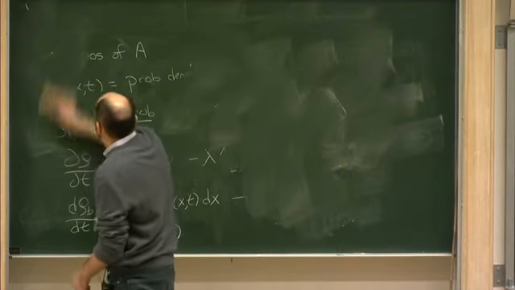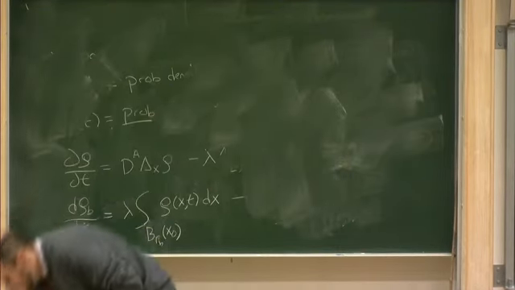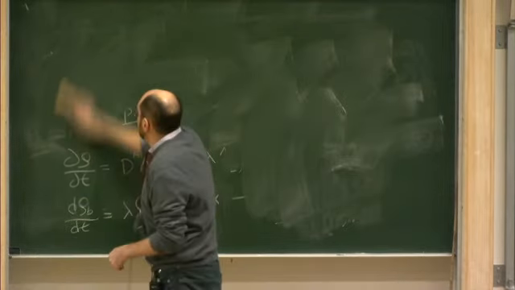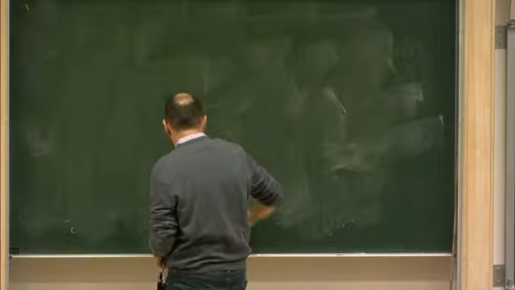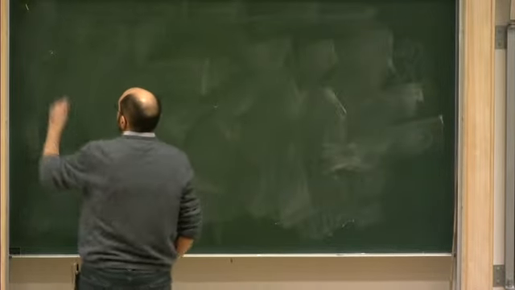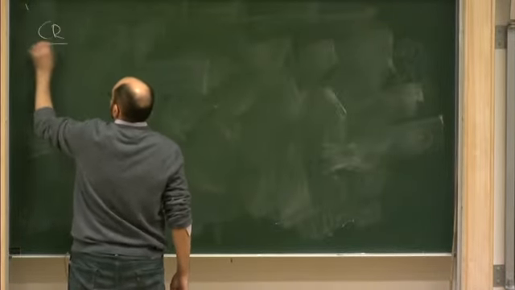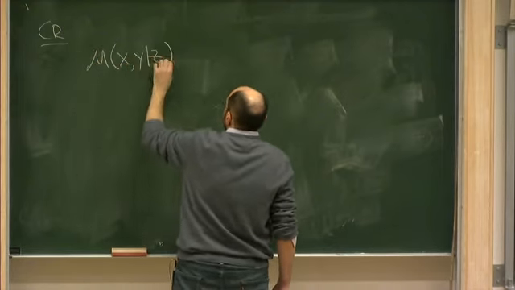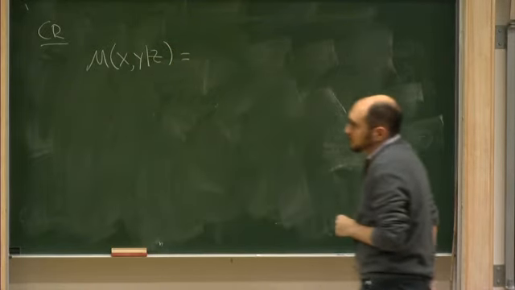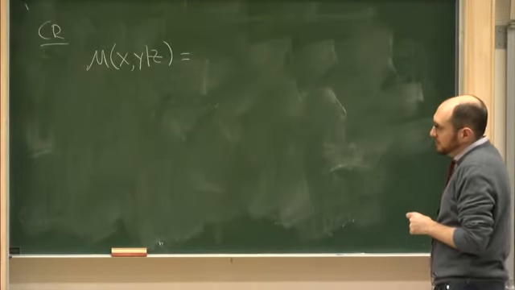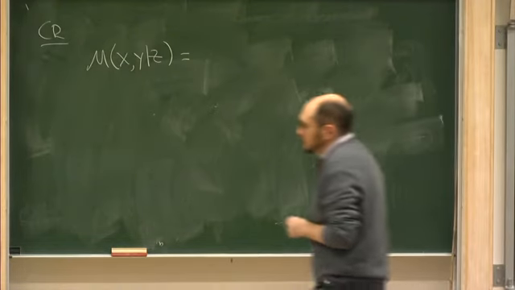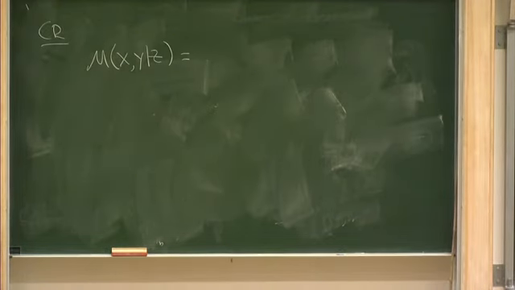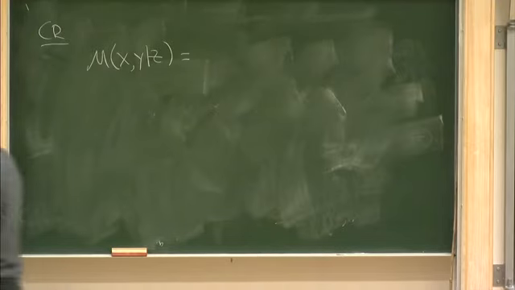So where should we place the C? In the contact reactivity model, we'll have that mu of x, y given z is what? We place the x uniformly on the sphere of radius sigma r_u about z.